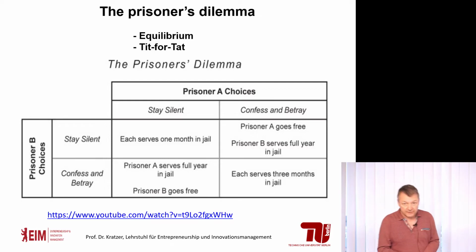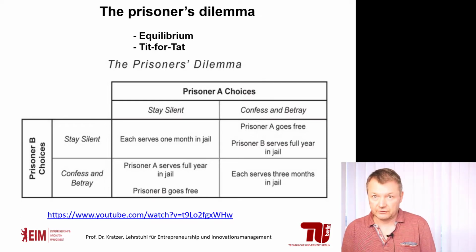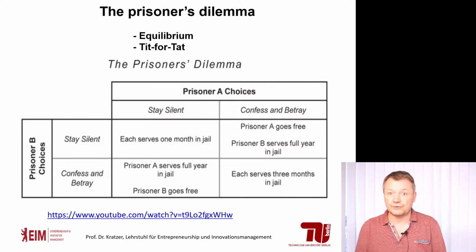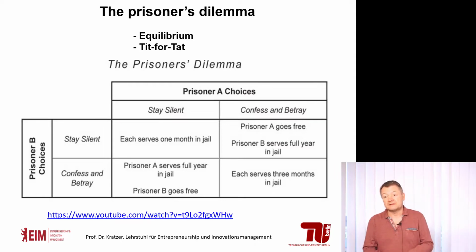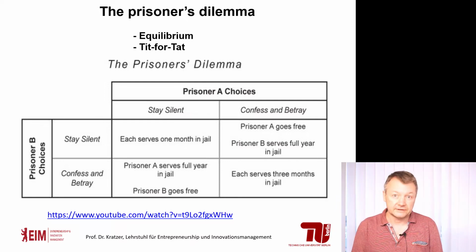There is another equilibrium described in the literature, the Pareto optimum, but we don't have a Pareto optimum here, which would be a situation where any other choice would not make someone better without making the other one worse. That's the prisoner's dilemma.